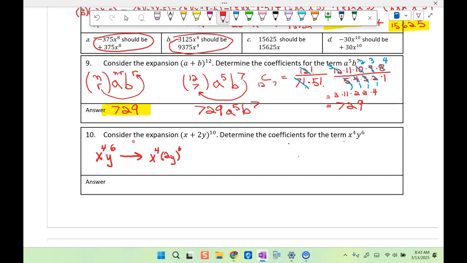All right. So if I expanded this, what would be the coefficient in front of that? Okay, so this is going to become 2 to the 6th, y to the 6th. And then this is going to be 10 choose 6. All right, so 10 choose 6.